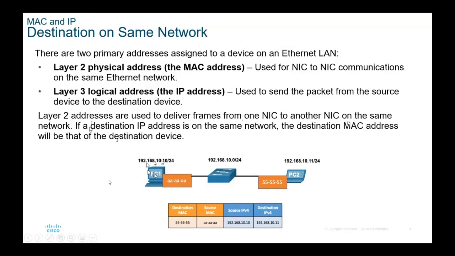Its IP address is this. It's a class C, so the first 3 octets are the network part of it, and the last part, the 4th octet, is the host part. So the first 3 represent which network it belongs to, and the last part represents the unique individual device.